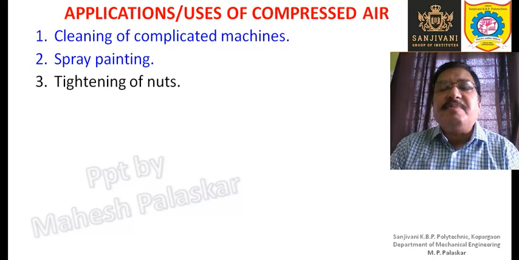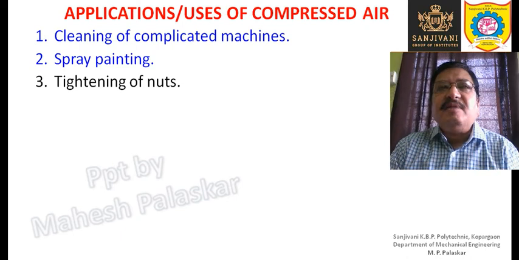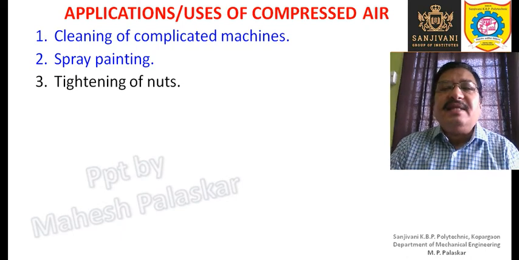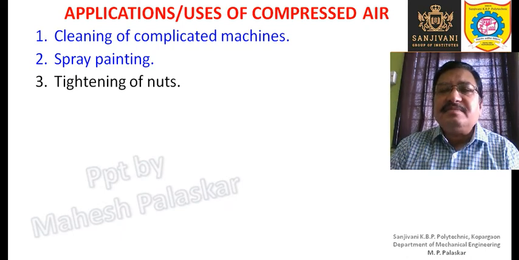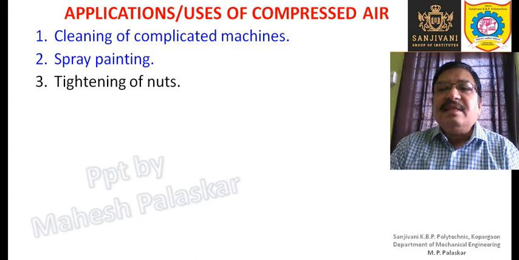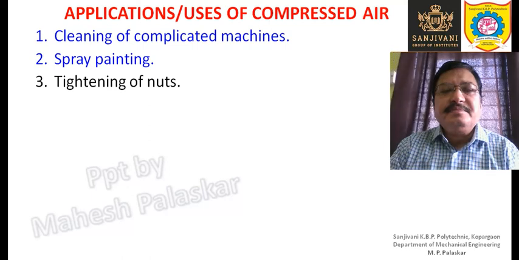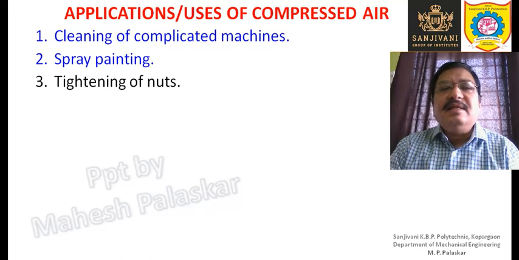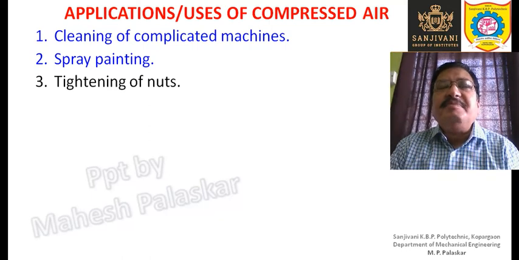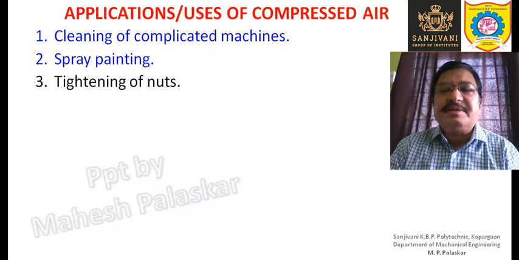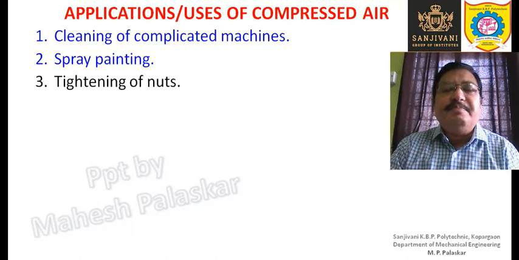If you use compressed air for tightening of the nuts, then you will find that the nuts will not get over tightened. At the same time, the tightening will be appropriate up to the required level, and this will increase the life of the nuts and bolts and the threads. The threads will not slip.